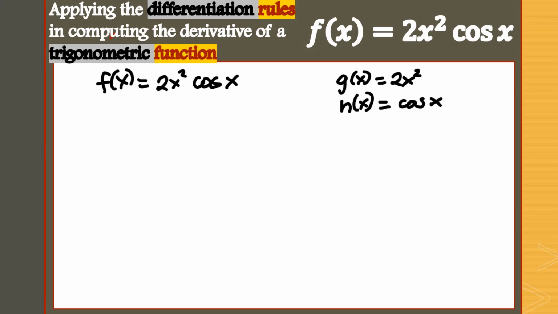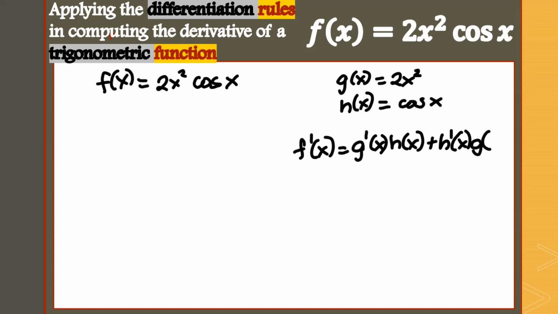And of course, when we're talking about the rule in differentiating a product of functions, we are going to use this idea. Let's say f of x, and the first derivative is actually a result when we multiply the derivative of the first function times the second function plus the derivative of the second function times the derivative of the first function.